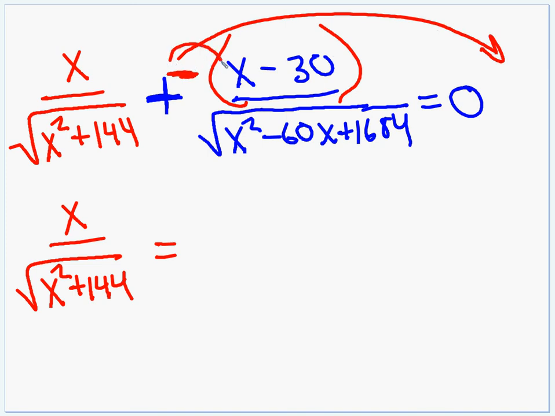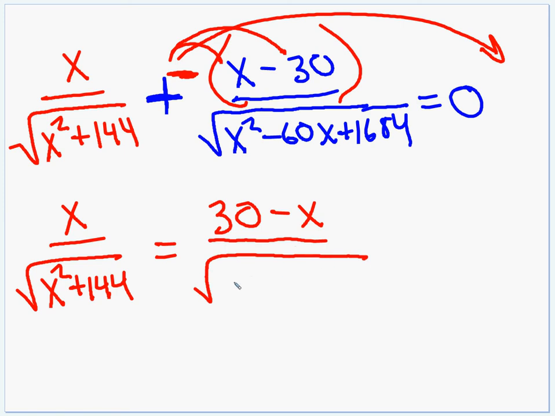So that's going to be a negative x plus 30, or I'm going to write it as 30 minus x. Same song and dance. And that is equal to this radical, oops, it's supposed to be a minus. There we go. Minus 60x plus 1684.